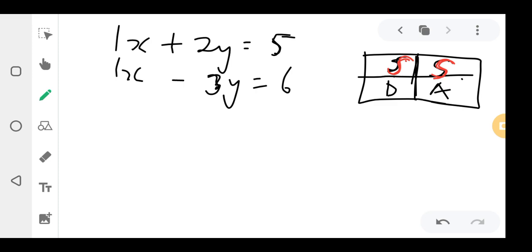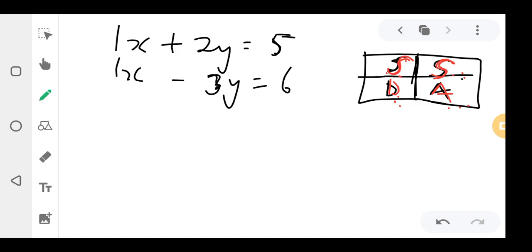D means different signs, and A means add. Different signs you add. You have heard what I've said? S means same signs, subtract. Different signs, add.